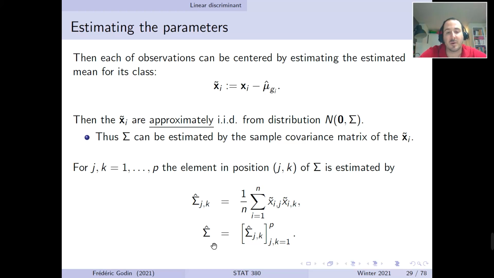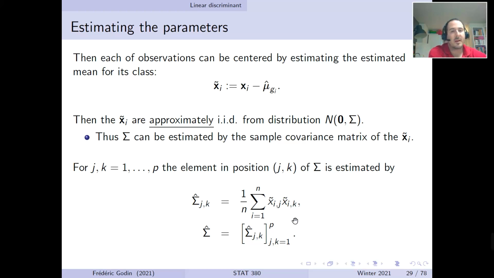Because of that, we can approximate the estimated element jk of the matrix as the sample covariance, which it is because we've centered the observations, of the observations x tilde.